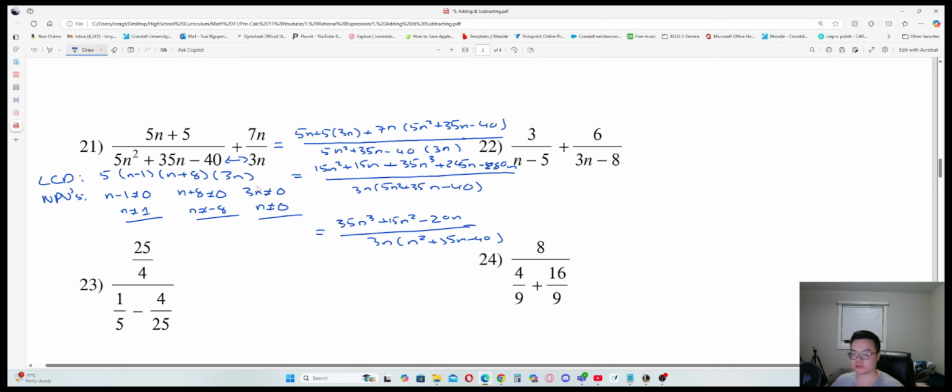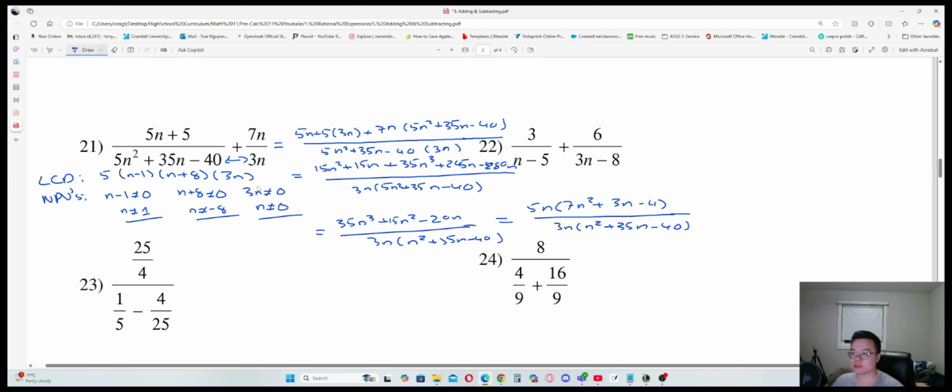Then I will start to simplify this further. So I will have 5n over 7n squared plus 3n minus 4, then 3n squared plus 35n minus 40. And then let's double check if we can actually factor this or not.